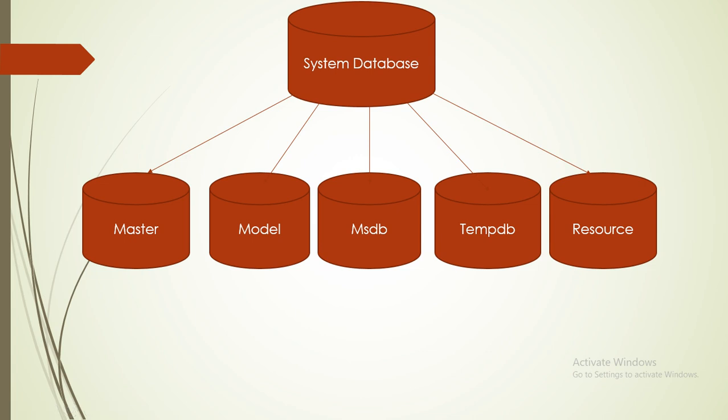System-defined databases are categorized into five parts: master, model, MSDB, TempDB, and resource. Once you open SQL Server and click on Databases, you will find only four. You will not get the resource DB. I will tell you where you will find the resource DB at the end of the video.